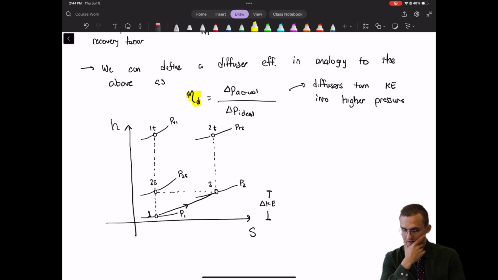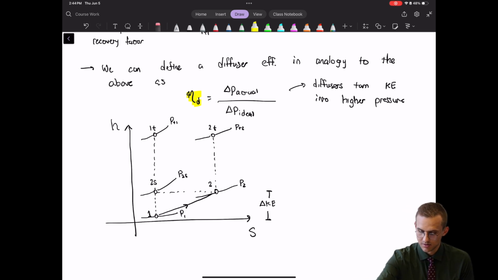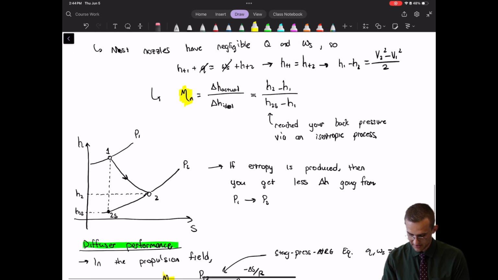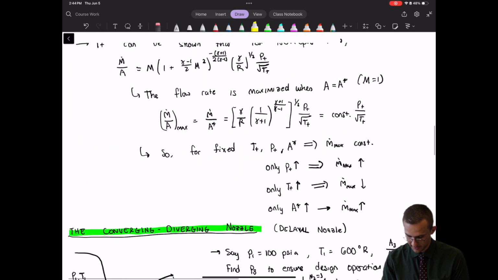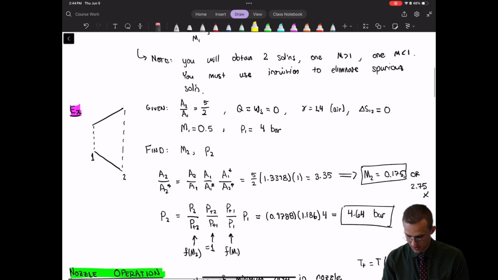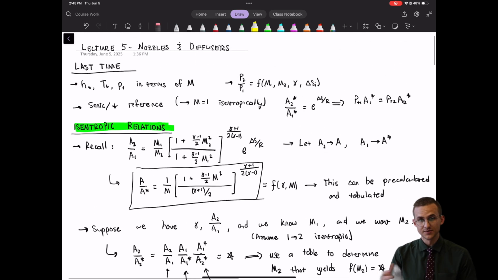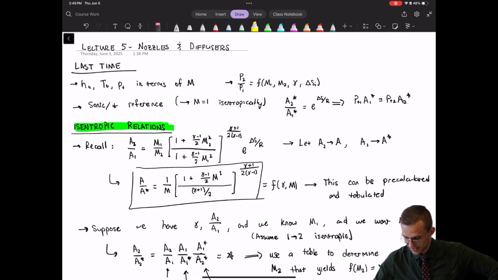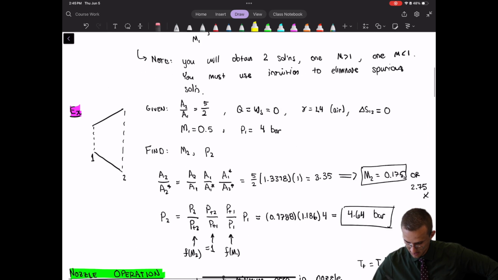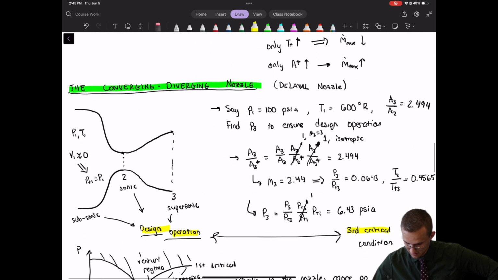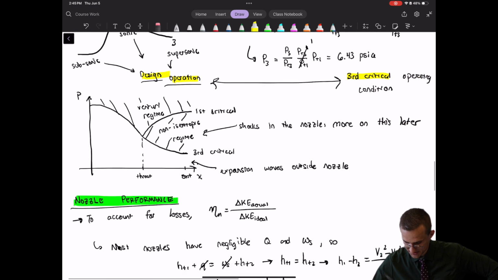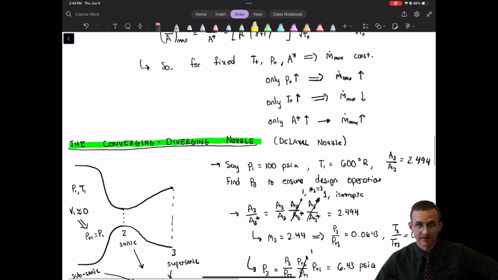So that should give you a nice measure of nozzles and diffusers, and also a little bit of an introduction into how we work our way through nozzles and diffusers mathematically by using these isentropic relations, and an intro into the math surrounding the converging-diverging nozzle, and we'll go into that in much more detail.